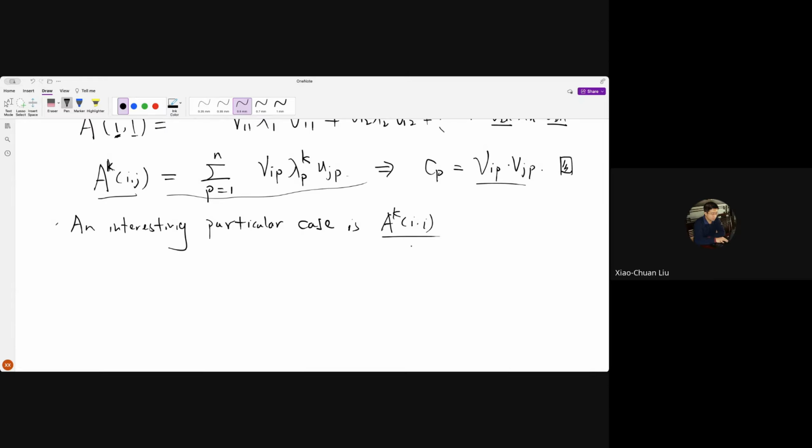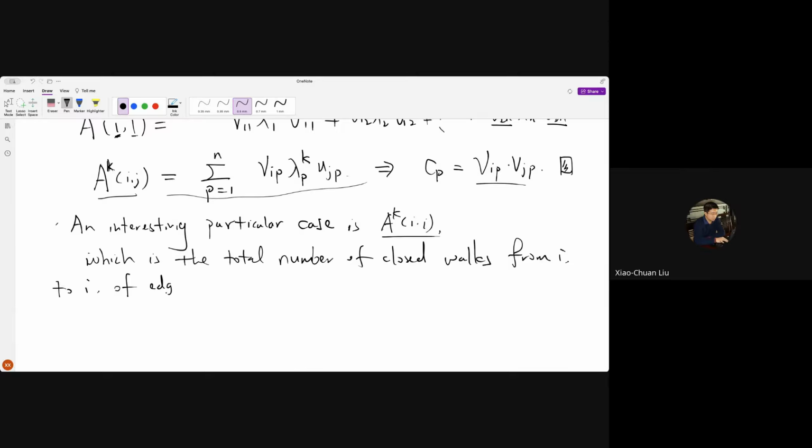So by the previous theorem, first theorem in the recording, we know that it is the total number of what we call closed walks from i to i, starting from i ending at i, of edge length k.